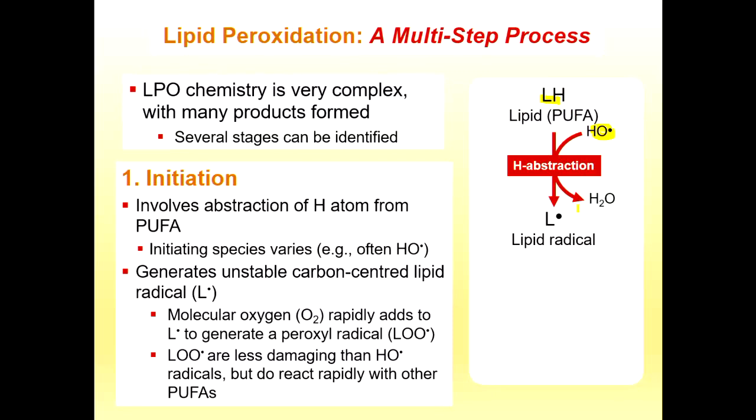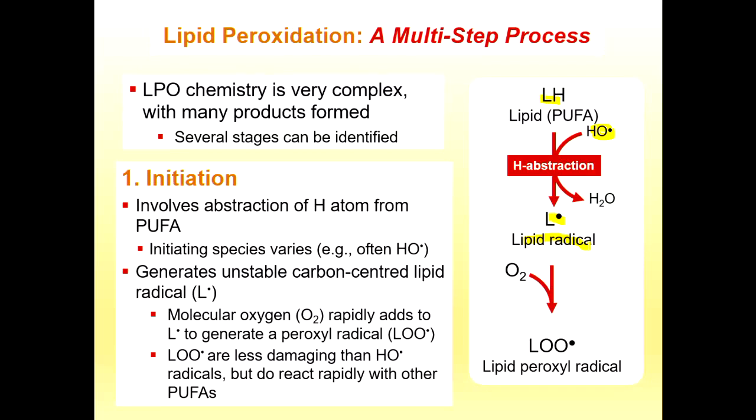Remember that hydrogens are attached covalently via sharing of 2 electrons between adjacent carbon and hydrogen atoms, and the hydroxyl radical attacks and abstracts one of those hydrogens and leaves the other electron on the lipid. So this is a lipid radical. It's the initial product of an initiation reaction. So we call that process initiation.